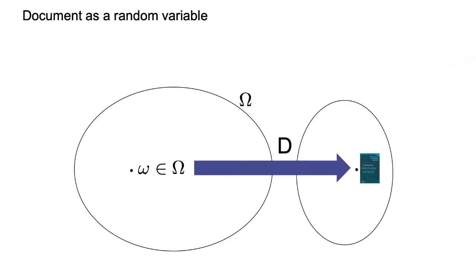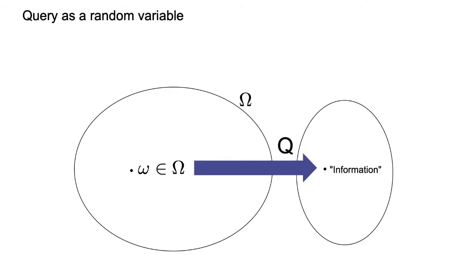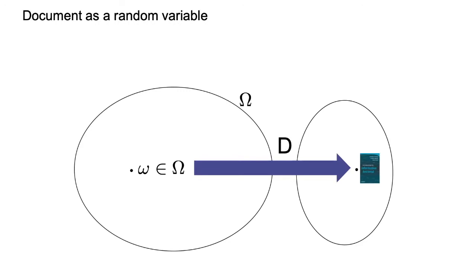Then we have big D, which is also a random variable. And this big D gives us a document. So for example, for this very specific elementary event, maybe that the document that it is associated with was the information retrieval book, right? Maybe it's the same event, right? So that was the query information, and that was the information retrieval book. So this is also a random variable that we call big D.